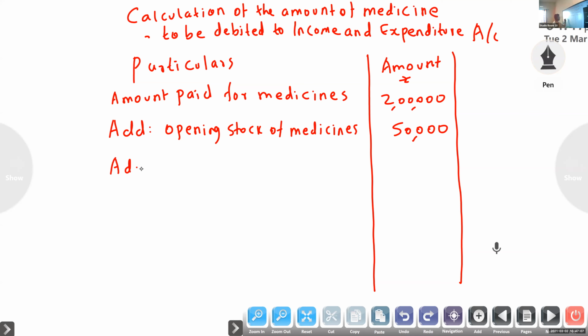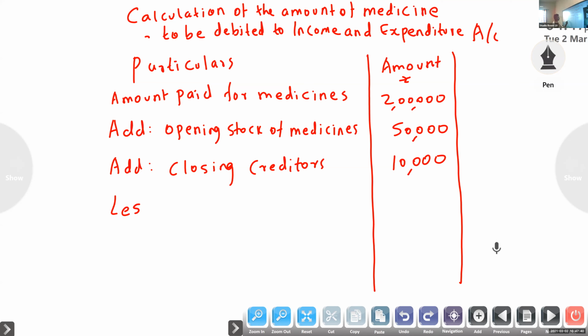Add closing creditors. Here it is given 50% of opening creditors. So here you have to look at opening creditors, how much amount? 20,000. So 20,000, 50%. Now less, the opposite aspects.